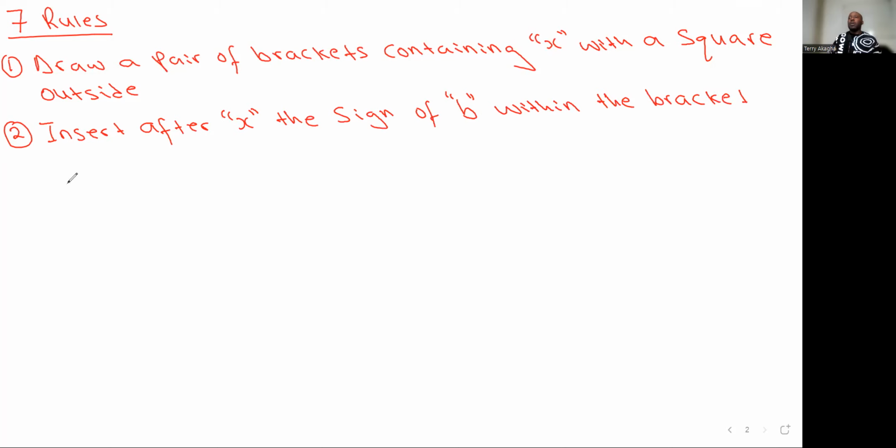Now, the next step, number 3, you divide b by 2, and you put the resultant value after the sign.